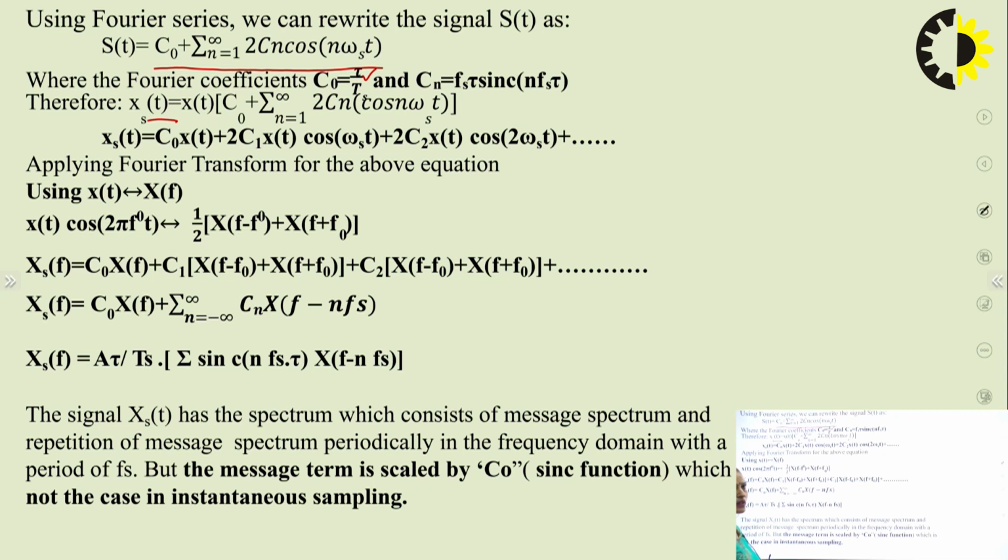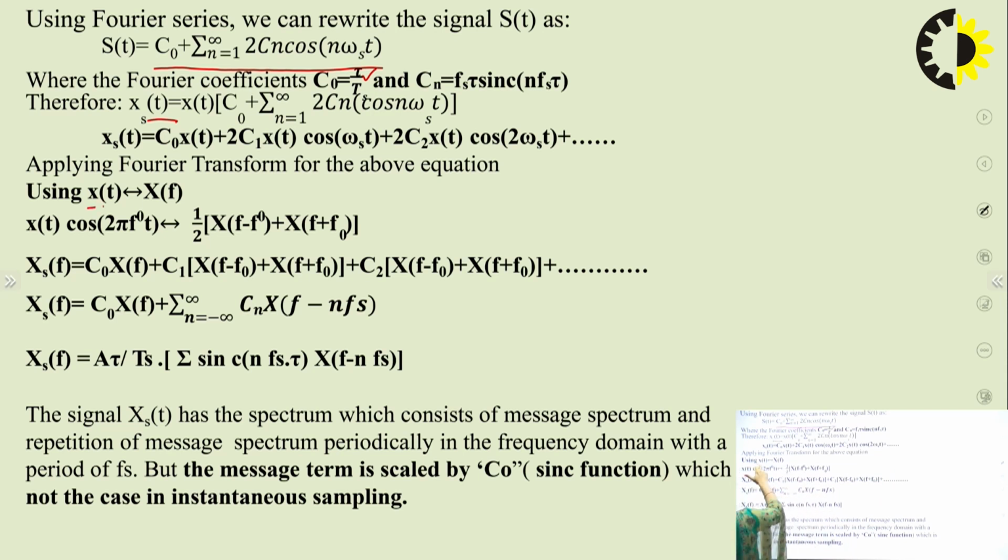Here we apply the Fourier transform to the above equation. Fourier transform means we are converting the time domain to the frequency domain, in the similar fashion which we have done in the previous slides.